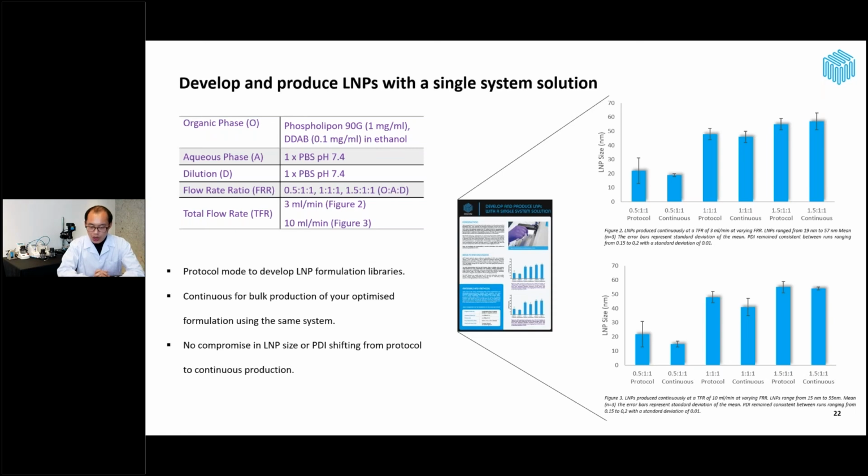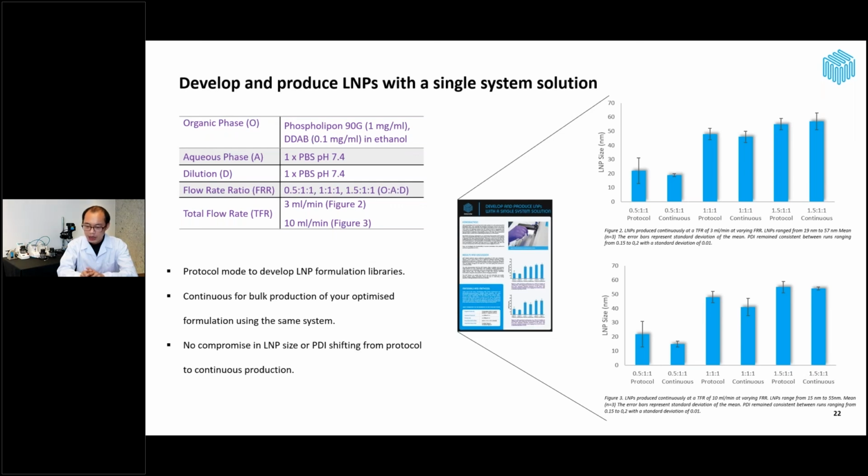This slide is showing how to develop and produce lipid nanoparticles with a single system solution. So it's showing the results when we're running the experiment in protocol mode and continuous mode with the same conditions. The results show that it's very consistent when running in protocol mode and in continuous mode.